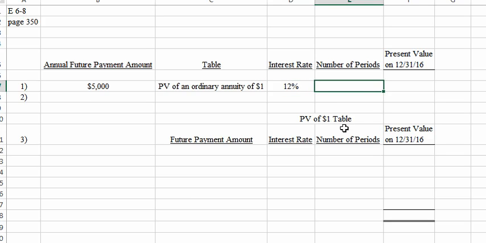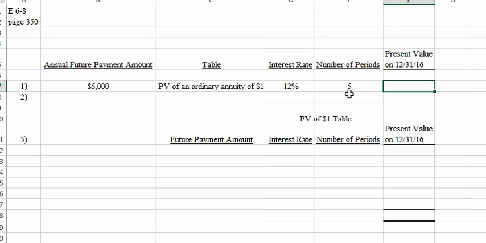We're dealing with 5 years, 5 interest payment periods. So the present value, what is $5,000 received 1 year from 12/31/16 every year for 5 years. So it would be received on December 31st, 2017, 18, 19, 20, and 21.